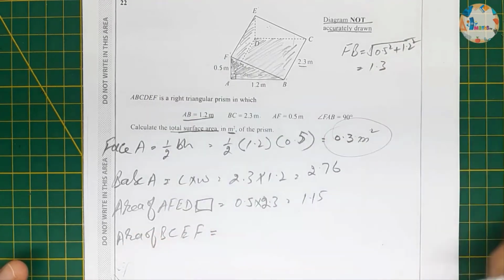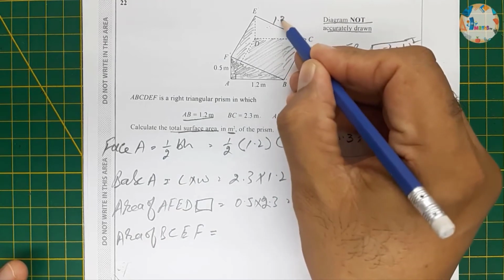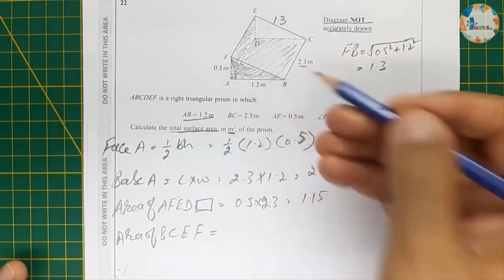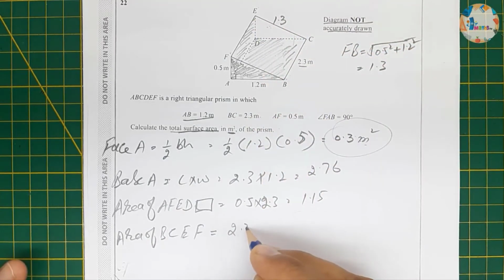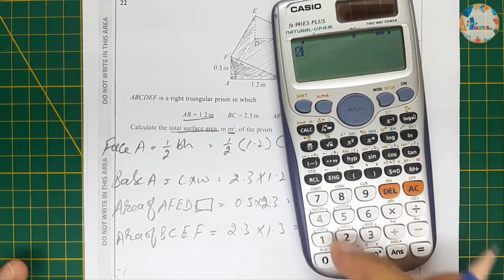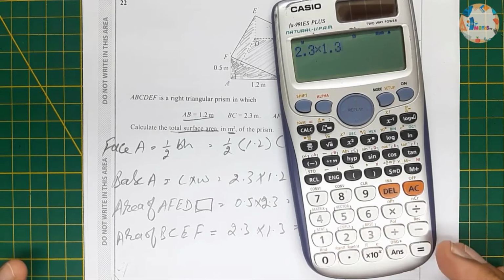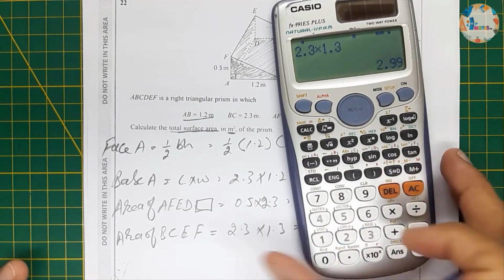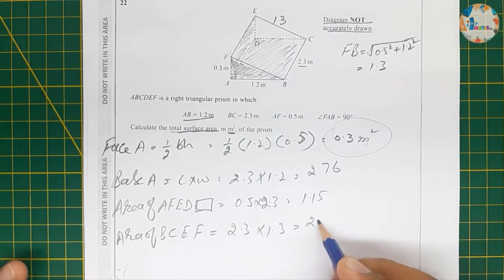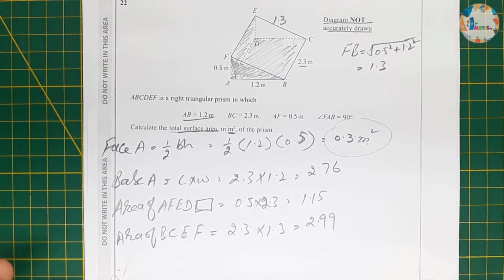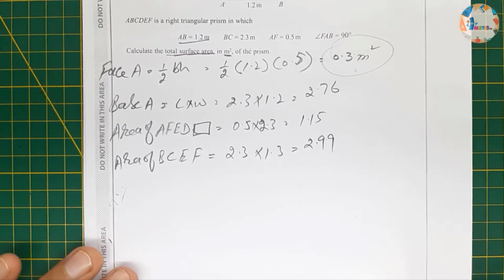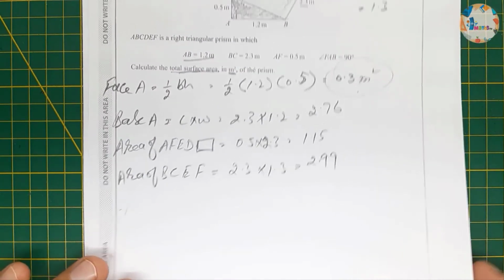So this side is basically 1.3 and this side is 2.3. So 2.3 multiplied by 1.3 will be equal to 2.99. Now we have to add all the side areas of different sides.